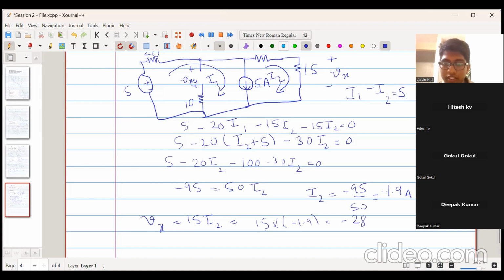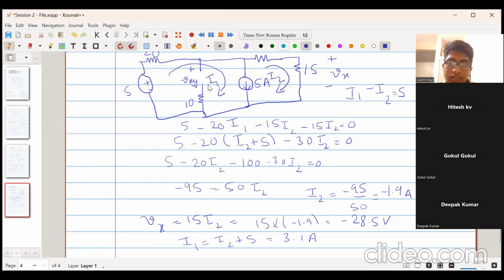So it will be equal to minus 28.5 volt. Okay. Yes, sir. Similarly, the current I1 is equal to I2 plus 5. That's why current I1 is 3.1 ampere.